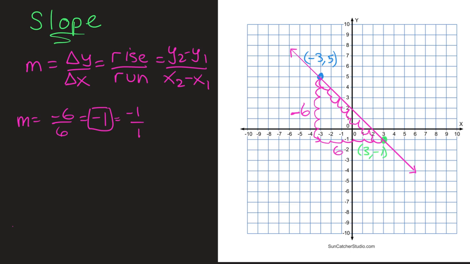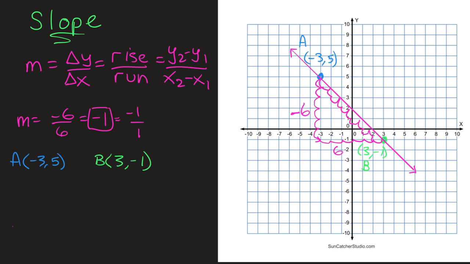Boy, that was sloppy. But how could we also do this with the formula? Well, let's call this point A and this one point B. So point A is negative 3, 5, and point B is 3 comma negative 1.